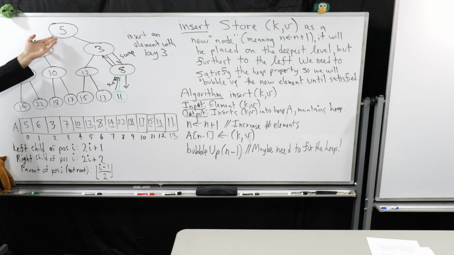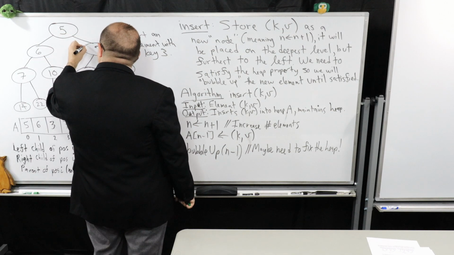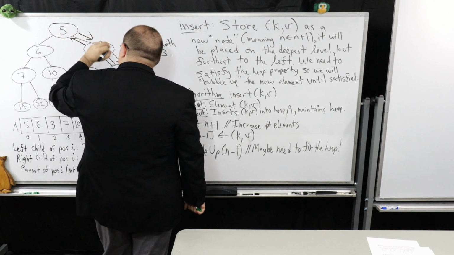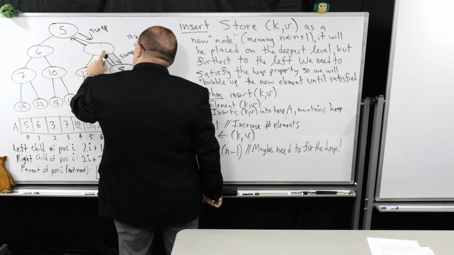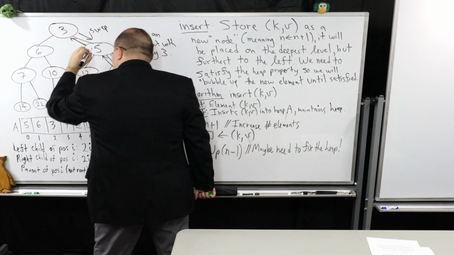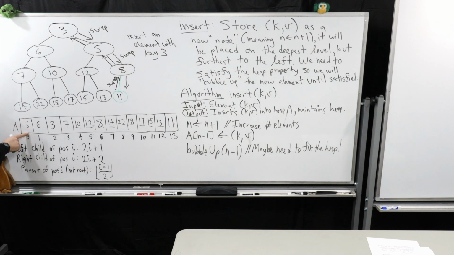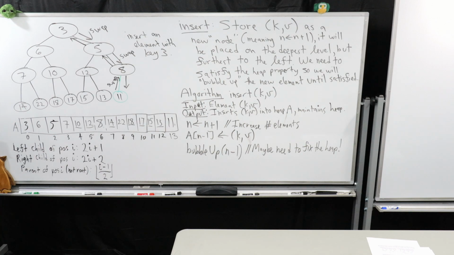We could do the same thing here. Yeah, exactly, Laura. Very good. So you would swap 3 and 5, right? There we go. So you get 3 and 5. You'd swap these two. 3, 5, and boom. Look at that.